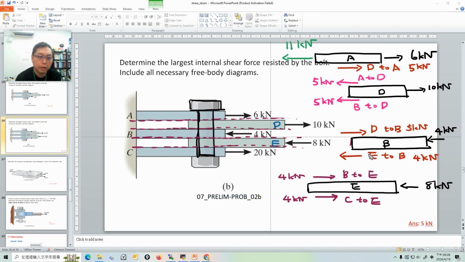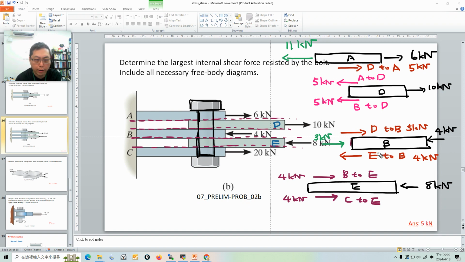But in this course everything is static, so there must be a 3 kilonewton force here to make everything balanced and static. That's the free body diagram of B.